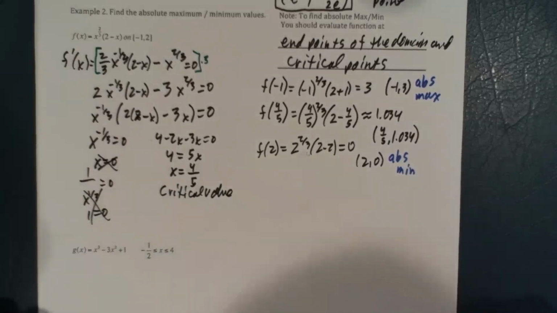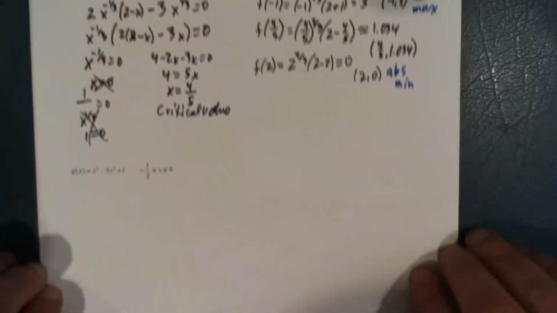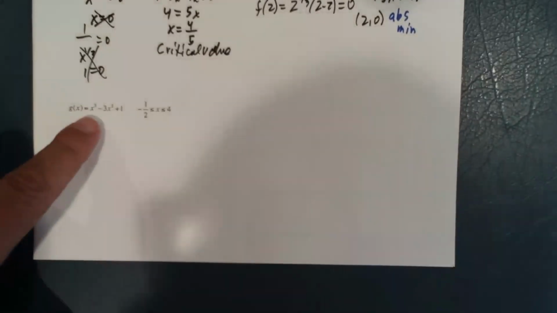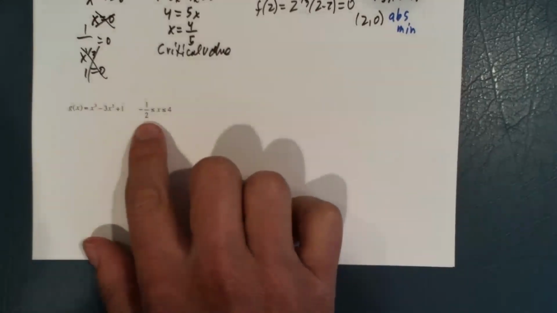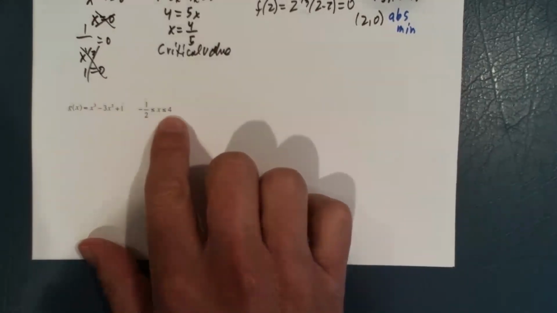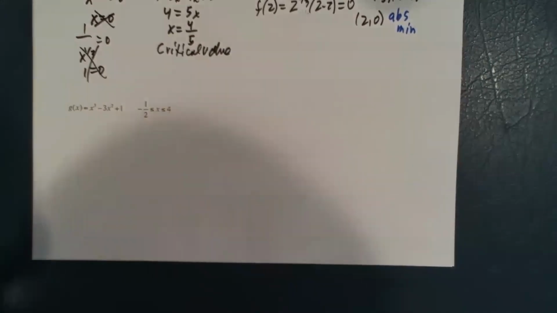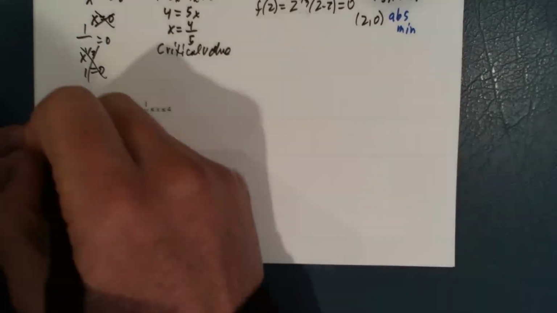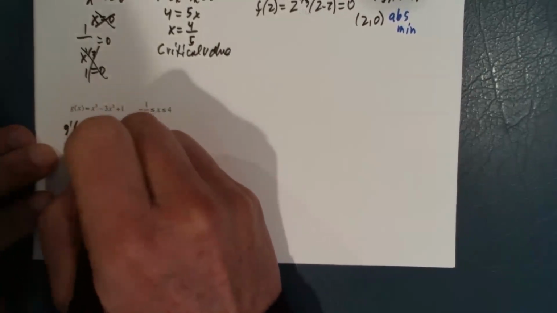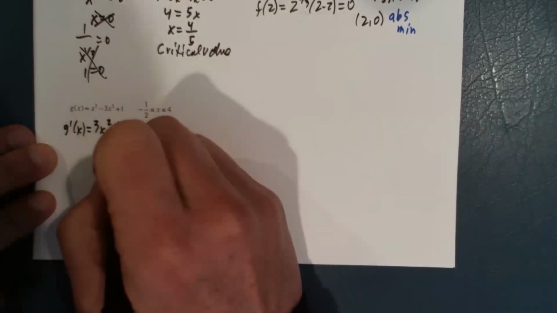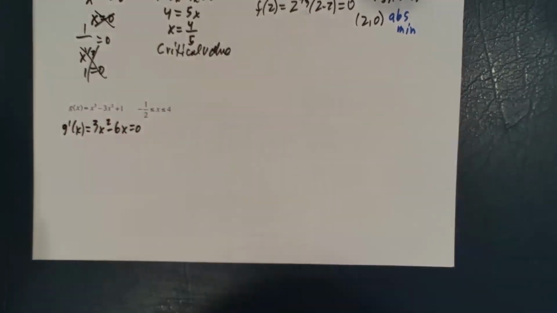We're going to do the same thing for this one here. And we're going to have to test the endpoint -1/2, the endpoint 4, as well as any critical values that we're going to run into. So let's take the first derivative, set it equal to 0, and see what we get. So we're looking for critical values here.